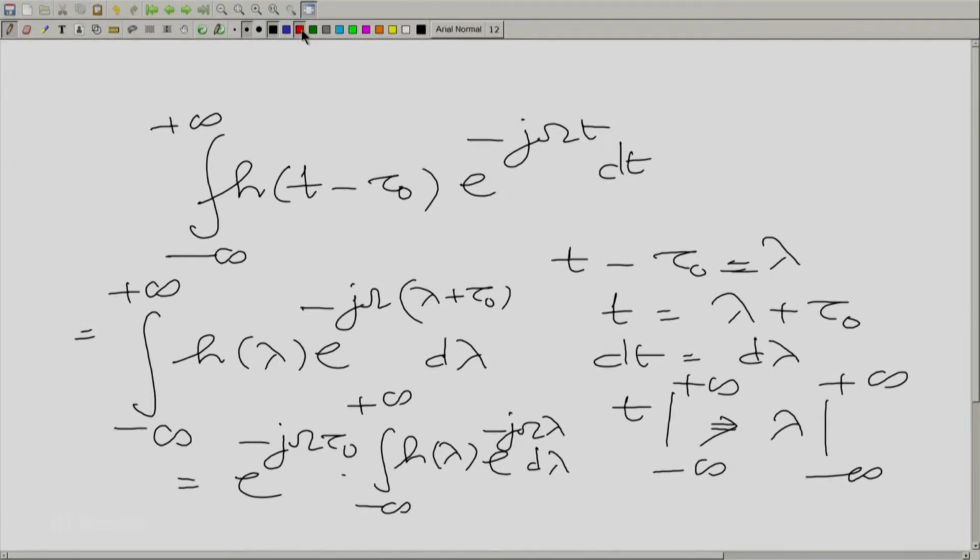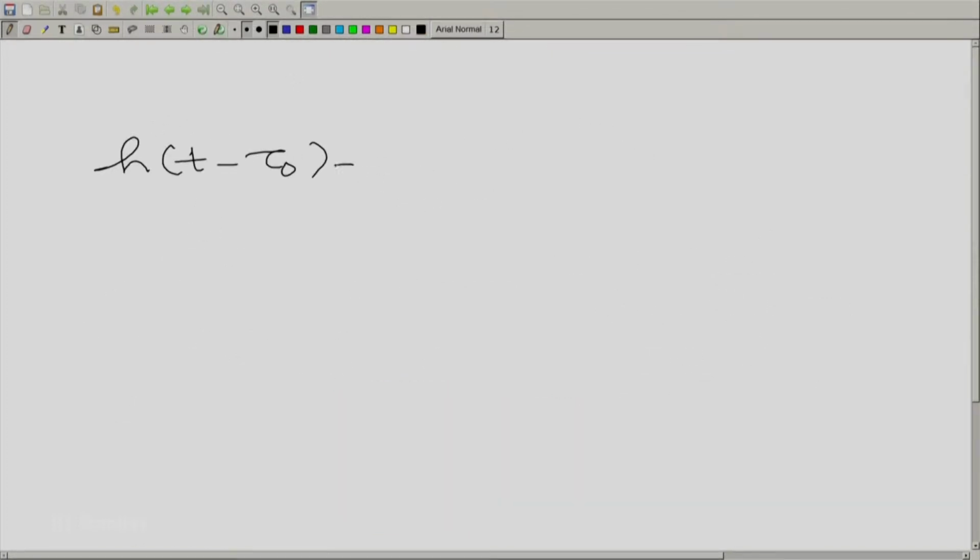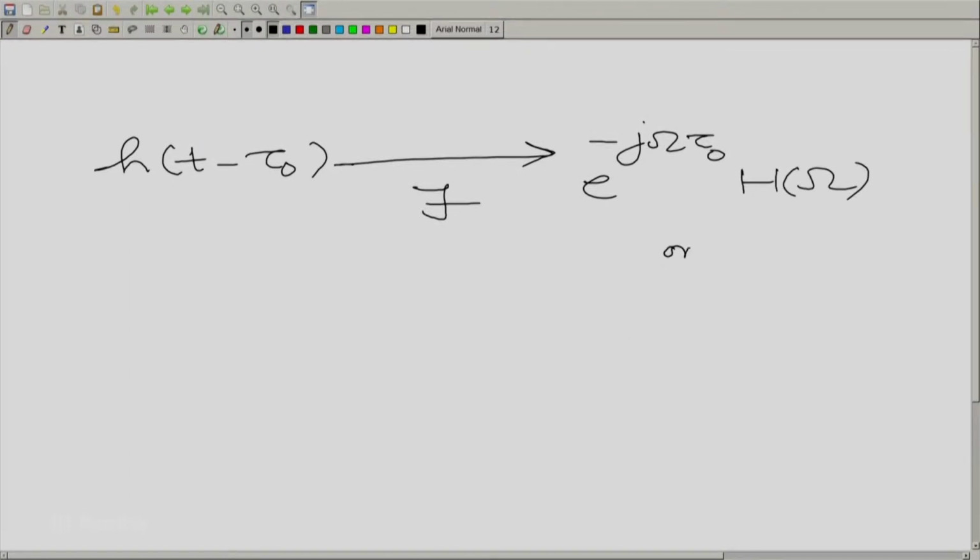And notice that this is essentially capital H of omega or H of f, whatever you like to call it. And therefore, the Fourier transform of h of t minus tau 0 is e raised to the power minus j omega tau 0 times H of omega, or in the language of f, e raised to the power minus j 2 pi f tau 0 H of f.